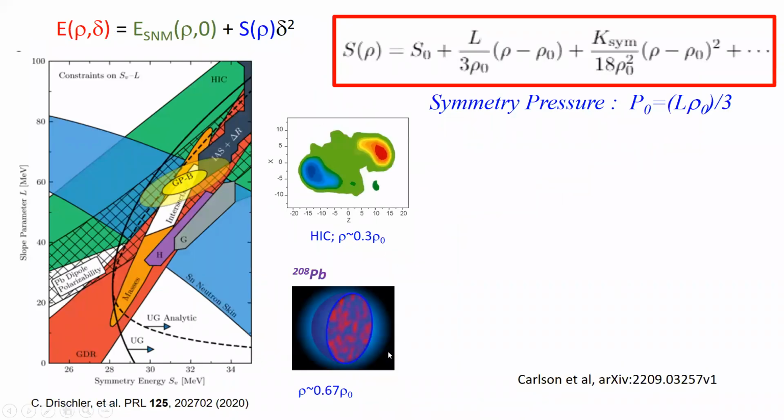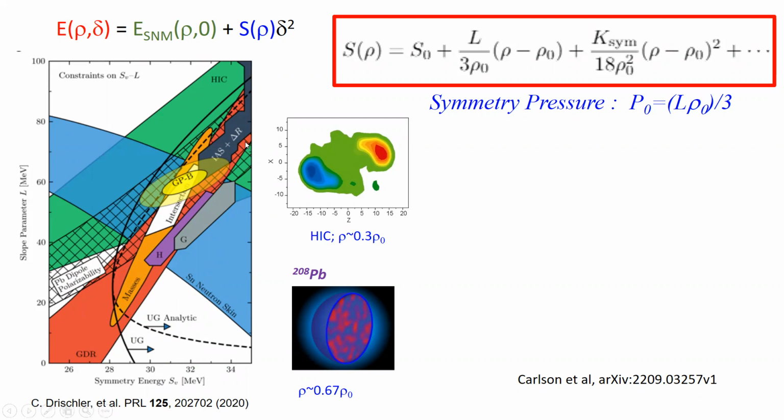This is the most famous plot in here, the slope L versus S, and Bauer had another representation. But anyway, the problem I have with this plot is that you can see there are many constraints plotted in here. The reason that you plot S versus L comes from the Taylor expansion of the symmetry energy.